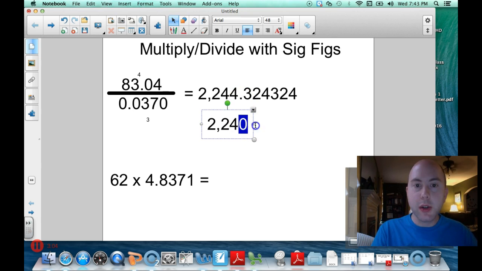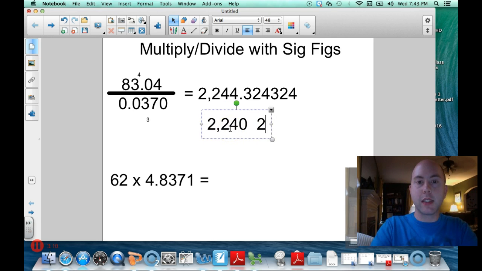So again, this 0 is called a placeholder. It lets you know that this is 2,240, not 224. So again, start on the left, count over 3, 1, 2, 3. Look at the number next to it, it's a 4. That tells me to keep this a 4, round down, and it goes to 40.